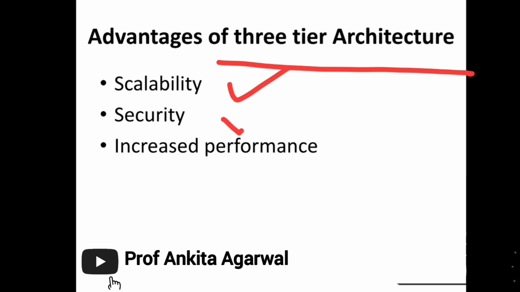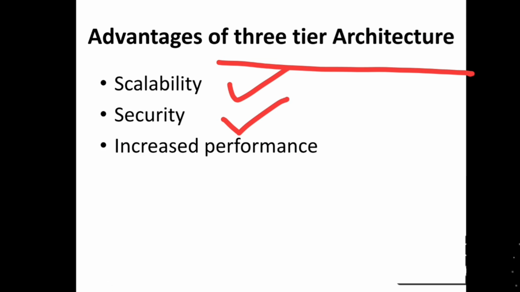Second advantage is security. Security is obviously maintained at a higher level in three-tier architecture because the user cannot directly access the data and is not directly communicating with the server where the whole data is present. Right? So if you open any banking app, for example, an interface comes on your screen.